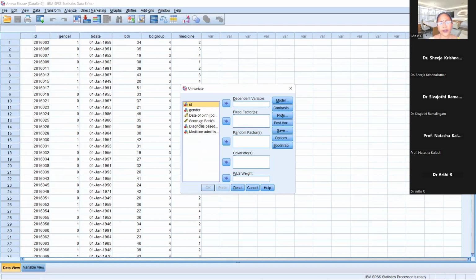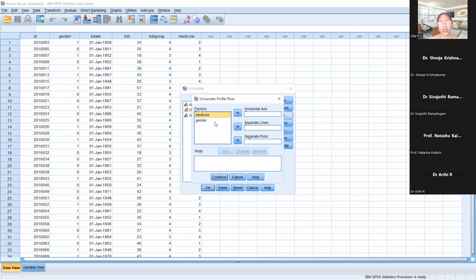So what is your dependent variable? Score on Beck's Depression Inventory is your dependent variable. Medicine administered is your fixed factor. Gender is another fixed factor. Model and contrast we need not touch.